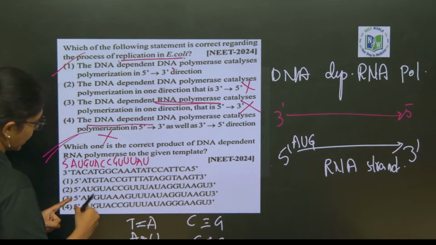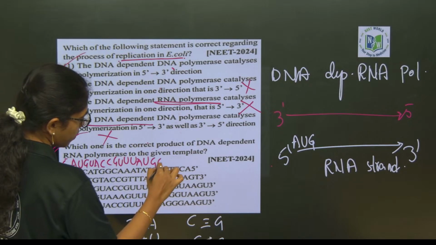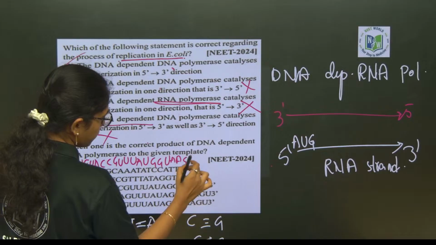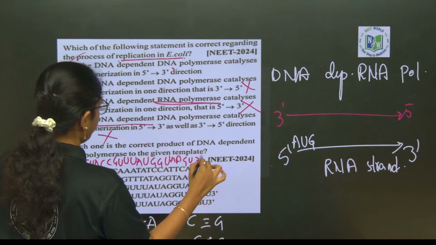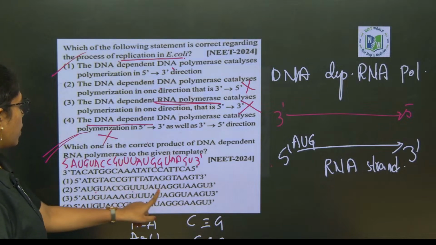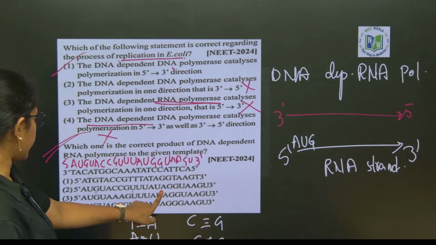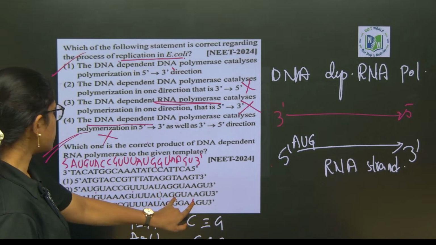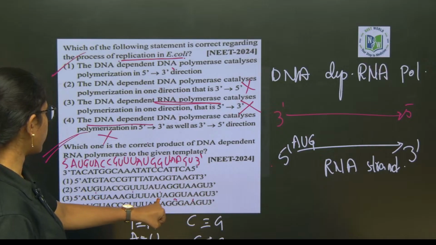So you can easily identify now. So, AUG, then UAC, AUG again. So option 3 will be the right answer over here, beta.